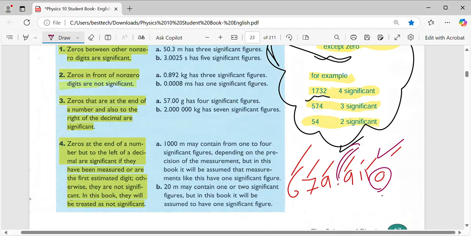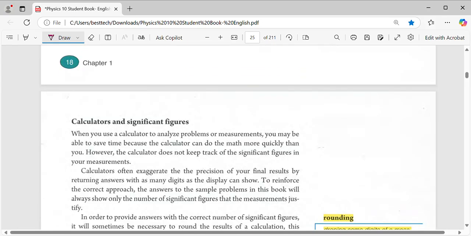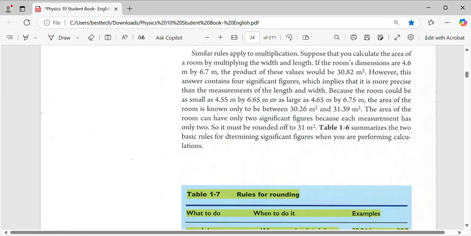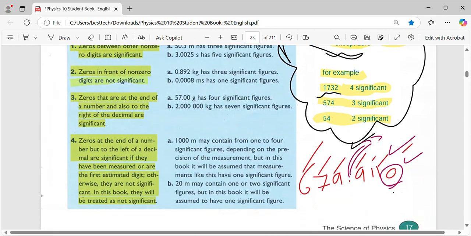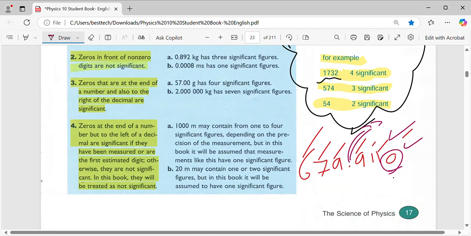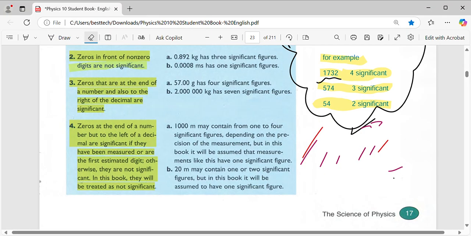But mister, after the point you have a number? That is not important, just after the point, if there's a 0, done, it's countable. So this 0 now is countable because it came after the point. So how many significant figures do you have? 1, 2, 3, 4, 5, 6, 7. So the total is 7 significant figures.